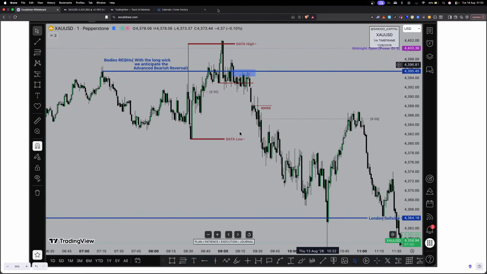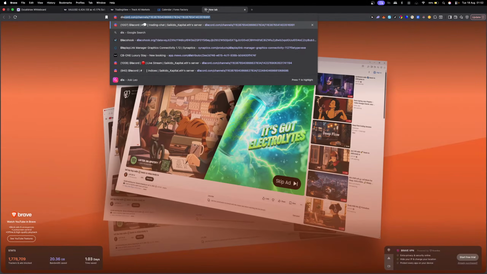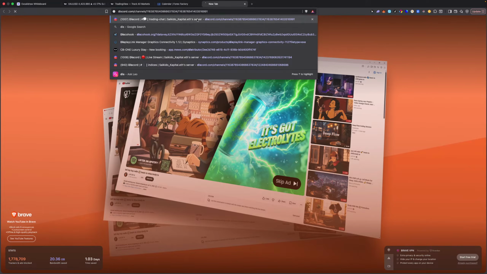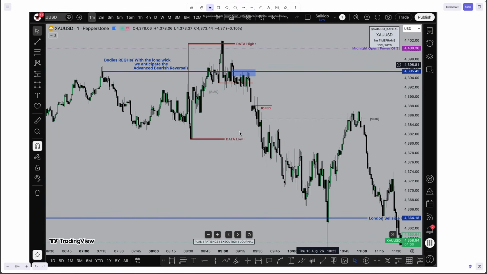Before I do, actually, let me see if I can open my Discord server here, so I can also show you the execution. Okay, while I do that, I'm just going to do this quickly. Just one second.